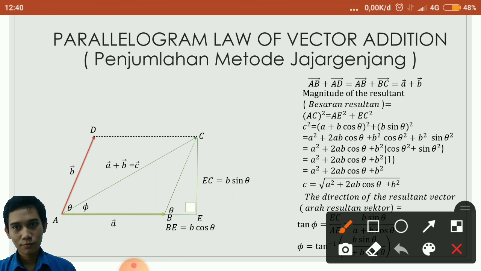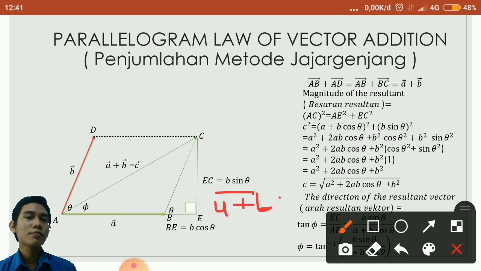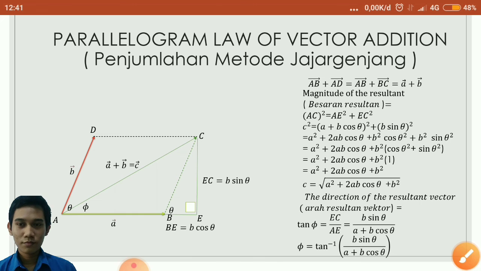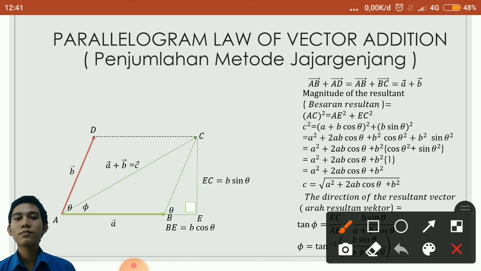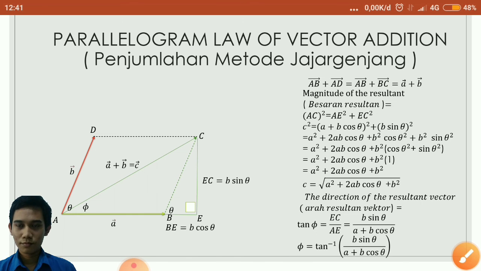So tan P equals B sin theta divided by A plus B cos theta. So P equals arctan of B sin theta divided by A plus B cos theta.